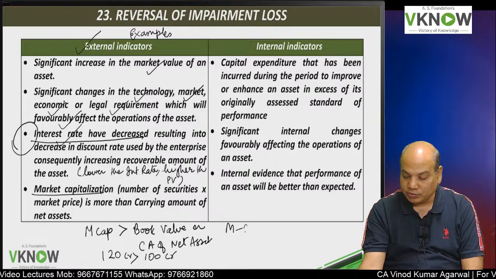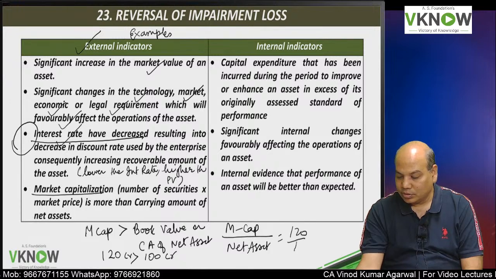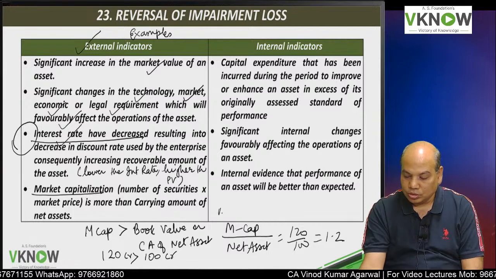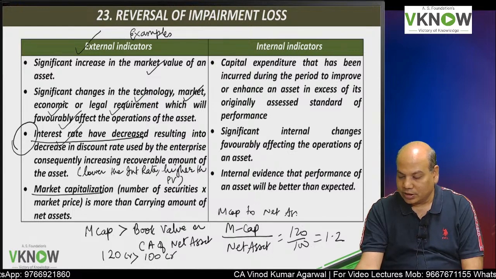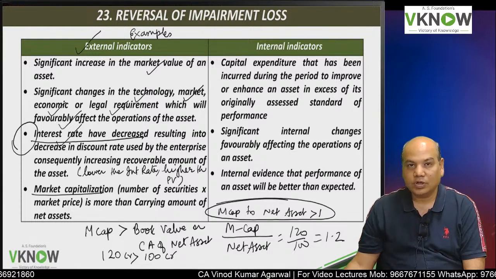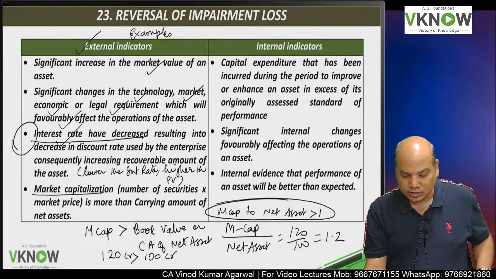So the ratio of market capitalization to net asset is more than 1. If this ratio is greater than 1, it is an indication of reversal of impairment loss.